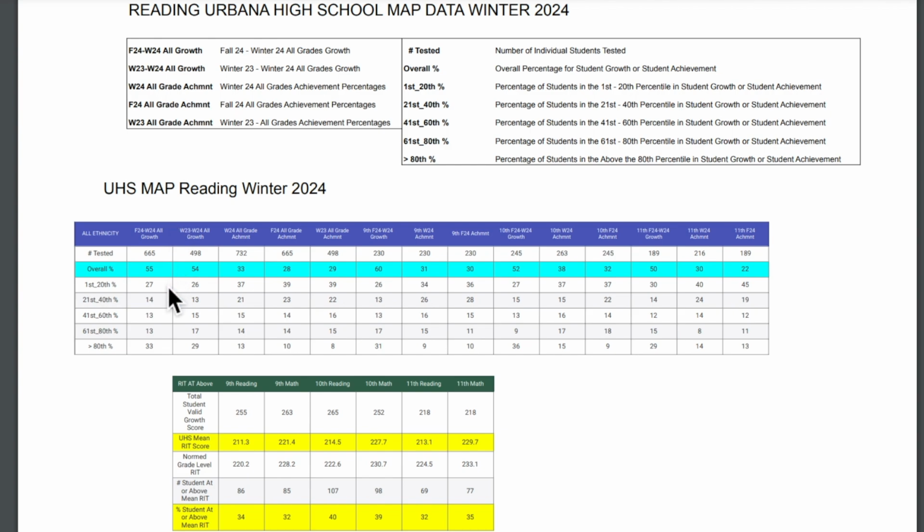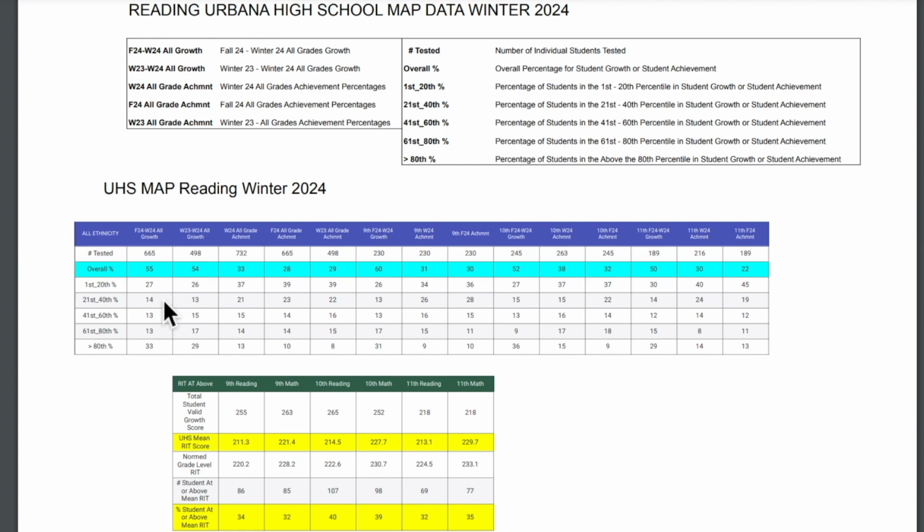So overall in reading, our students' percentile of growth is at the 55th percentile. Then down here, it's going to say what percentage of our students were in what growth percentile, meaning they made their growth. So students that were only in the first to 20th growth percentile would be 27% of our students.